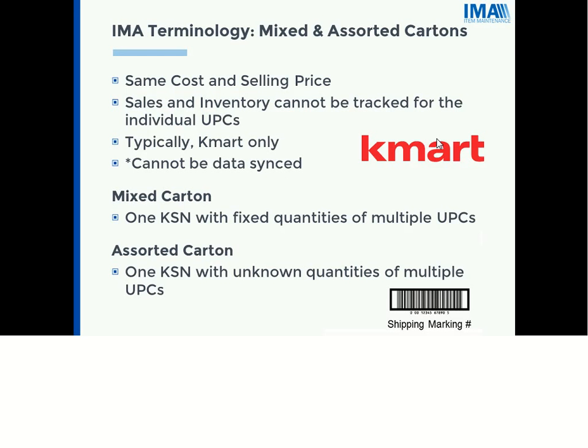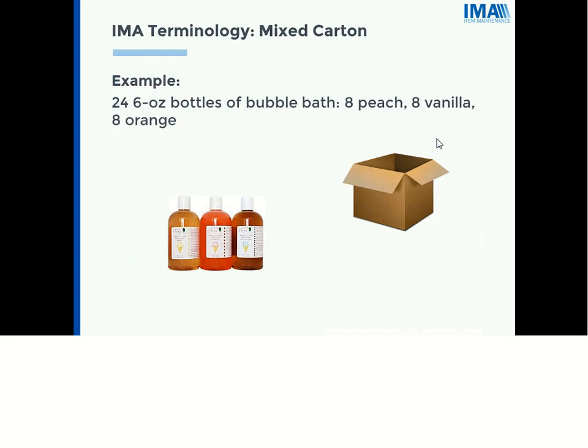Now, a mixed carton is 1 KSN with fixed quantities of multiple UPCs, and an assorted carton is 1 KSN with unknown quantities of multiple UPCs. So, for example, with the mixed carton, we have an order of 24 6-ounce bottles of bubble bath, 8 peach, 8 vanilla, and 8 orange.